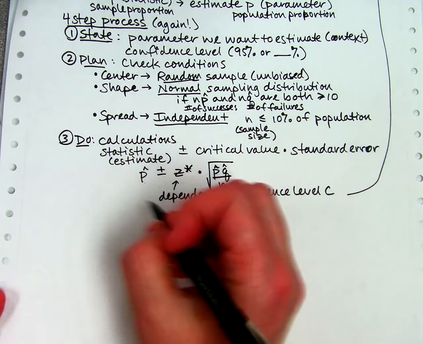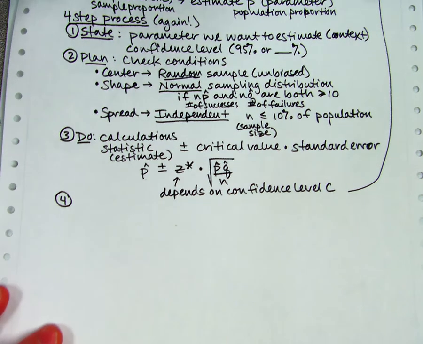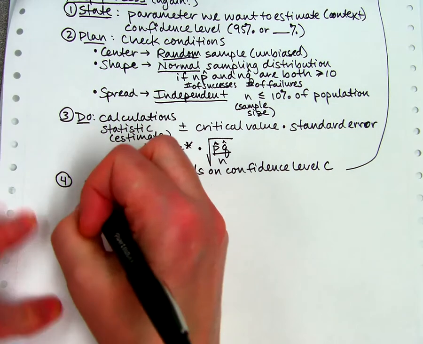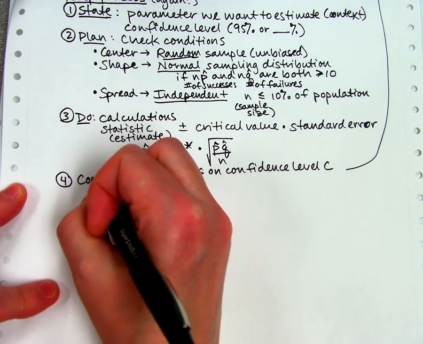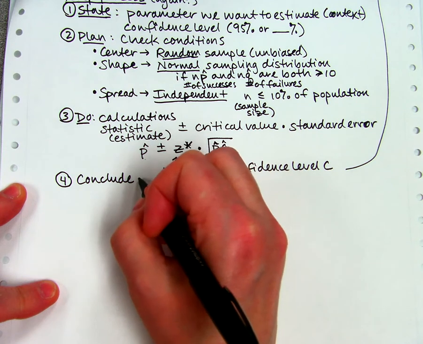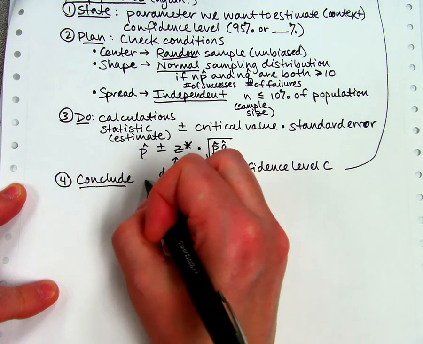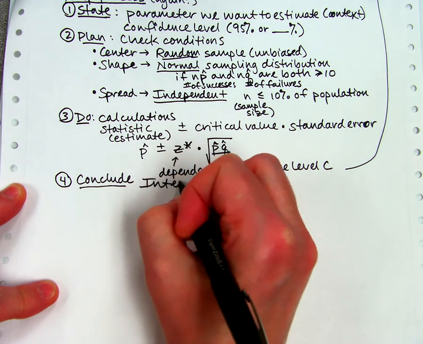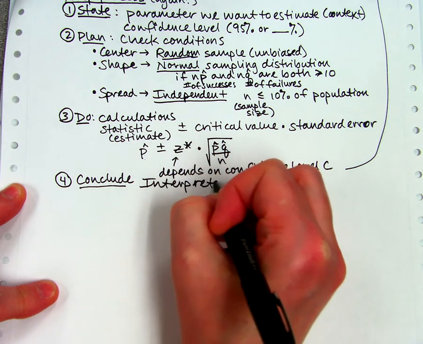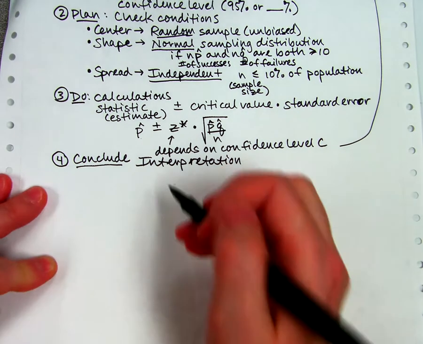So then conclude is the part that I probably should have spent more time on before, but that's okay, I'm going to do it now. Conclude is your interpretation. I should have left myself more room. It's the interpretation of what you just did. So here's how you write a good interpretation.